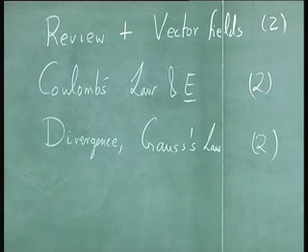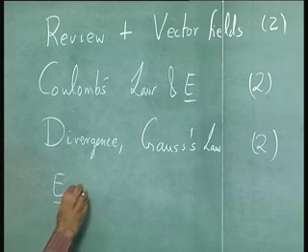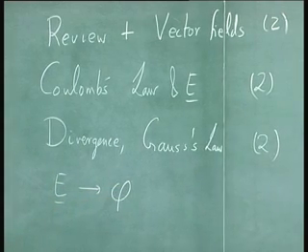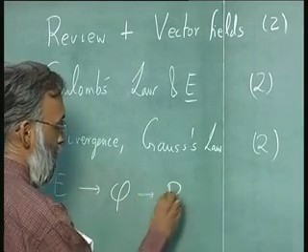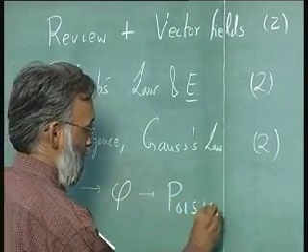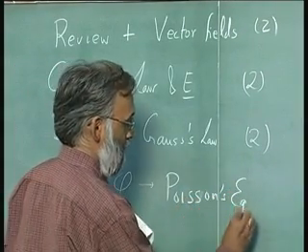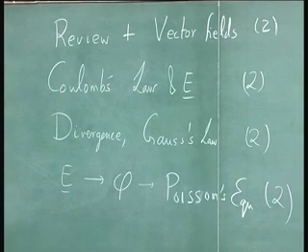Once we have done Gauss's law, we should be able to go from electric field to electrostatic potential, and from electrostatic potential we should get to Poisson's equation. Another 2 lectures.